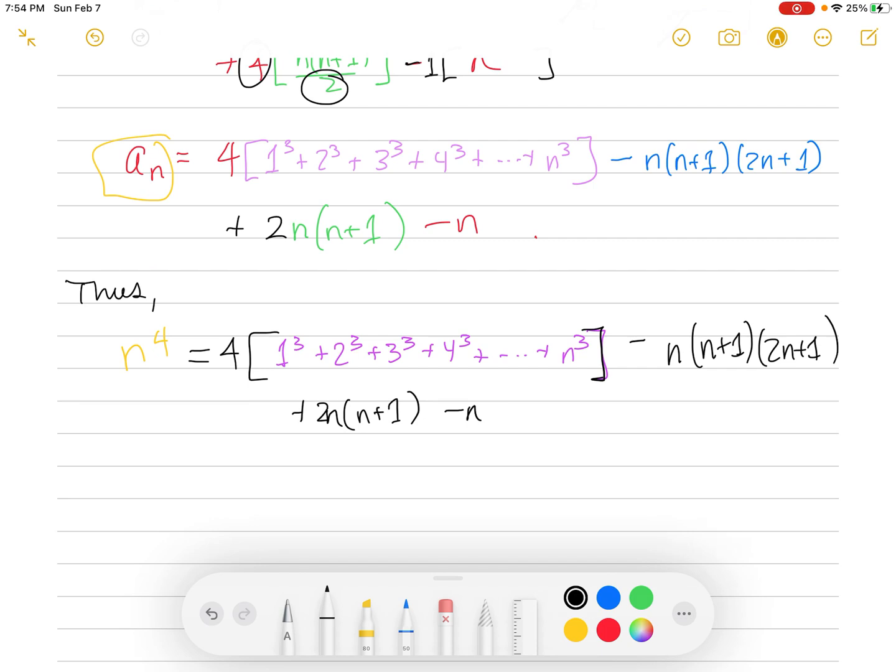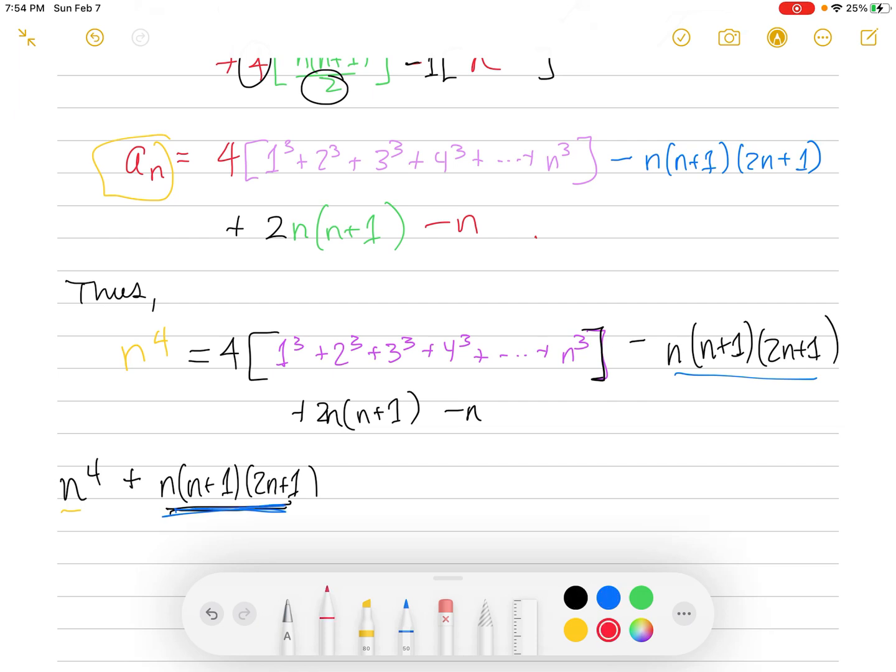So what I want to do, I want to get the purple by itself. I want to solve for the purple. So on the left-hand side, I'm going to keep my n to the fourth. That was the yellow stuff. And let's add this one to both sides. We'll have n times n plus 1 times 2n plus 1. Oops, that should be blue. Blue, please.